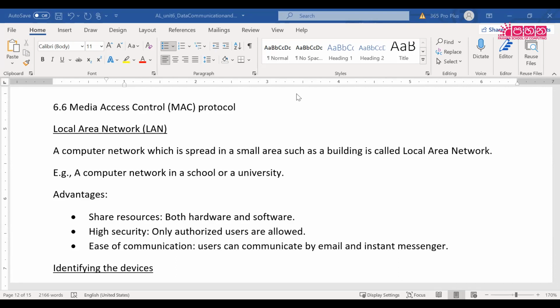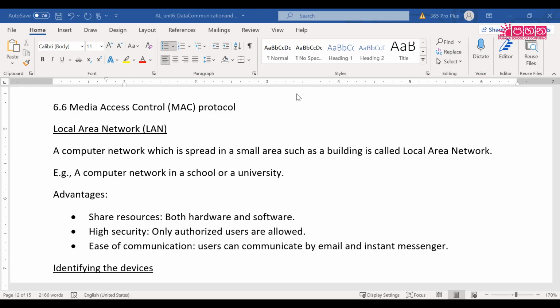There are various advantages, but if we summarize some of them, you can share resources. Resources could be both hardware and software. You can share a printer among multiple computers. You can install software on one machine, and the machines in the network can make use of that software, so you can reduce the cost. Then there is high security.